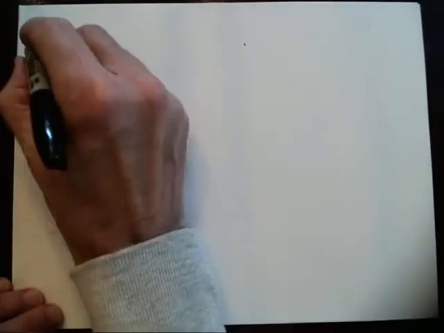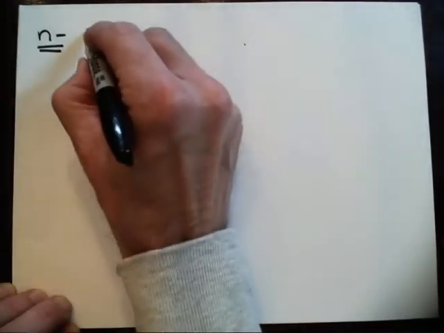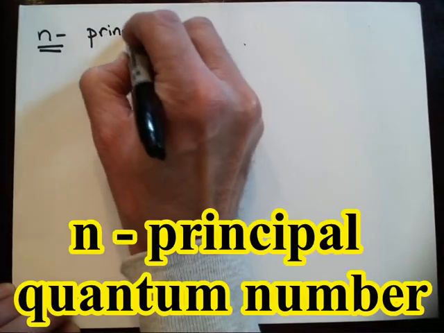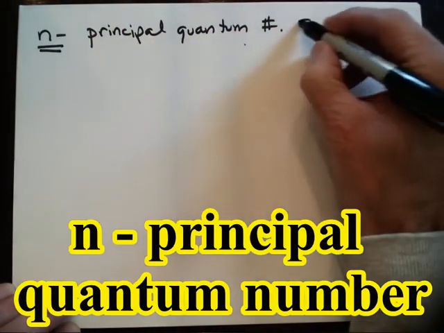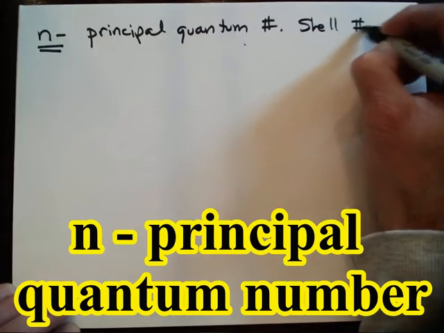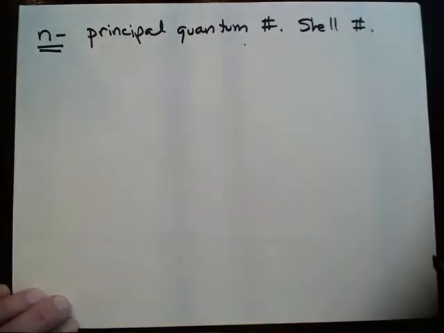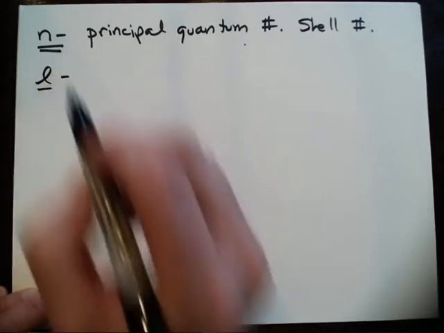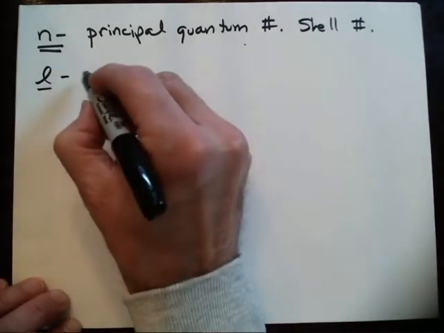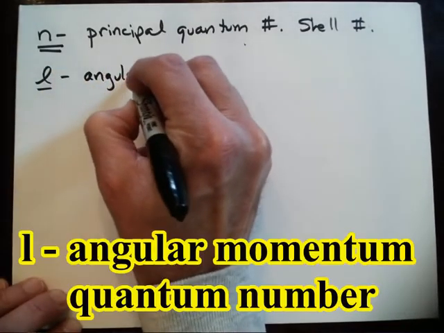We'll first look at n, which we sort of saw this idea before in the Bohr model. This is called the principal quantum number, and you can think of this as the shell number. The second quantum number is l, and this is also known as the angular momentum quantum number.